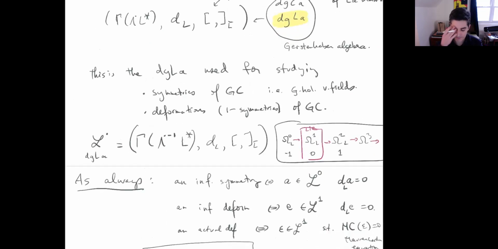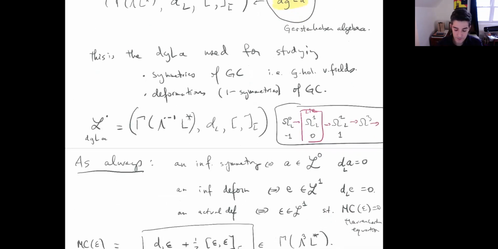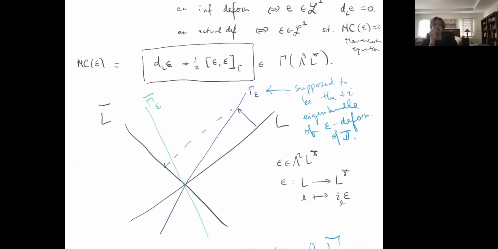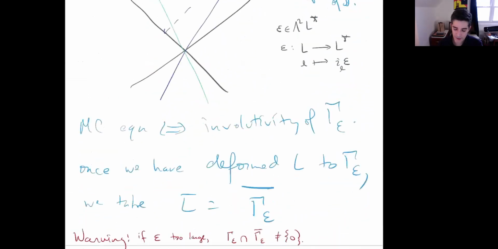And so, that seems to be the point, that if you want to describe a deformation of L, you would have a map from L to L bar.